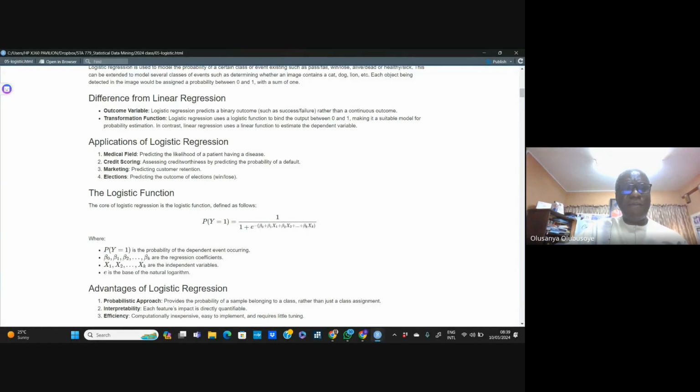Then the coefficients of the linear component, beta 0, beta 1, beta 2, that's what you see in that expression. The x's are then the independent variables or the features that are considered to affect the probability, that will influence the chance of that particular outcome occurring.